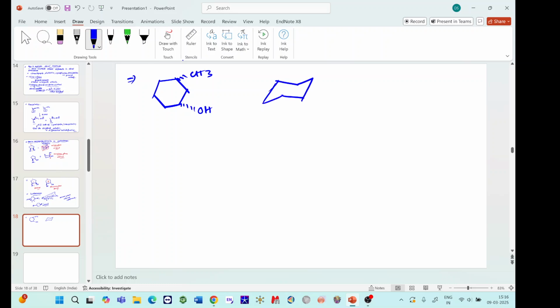Draw it. CH3 is on the downside, 1, 2, 3, OH is also on the downside. There is no mirror plane, right? If you try to do something like here, but here OH and CH3 are not the same. Okay, so this will be chiral.